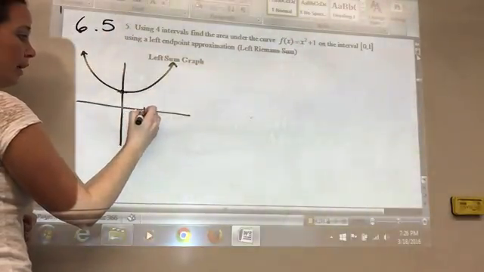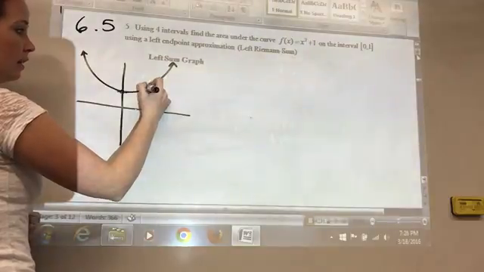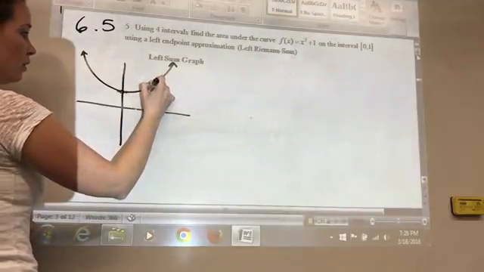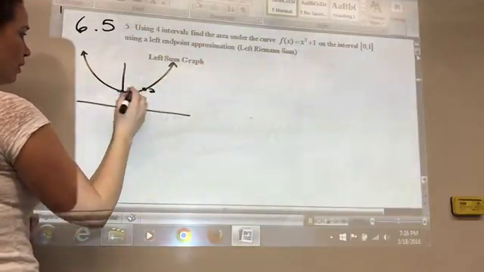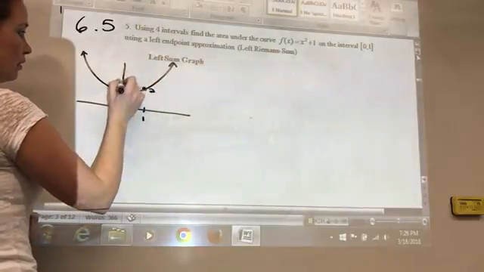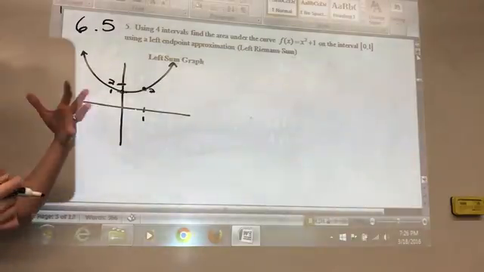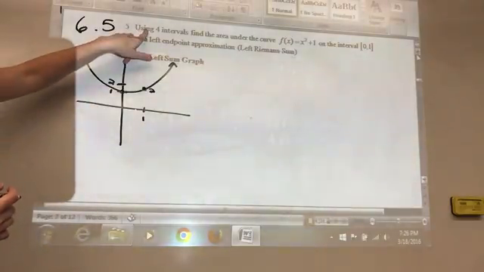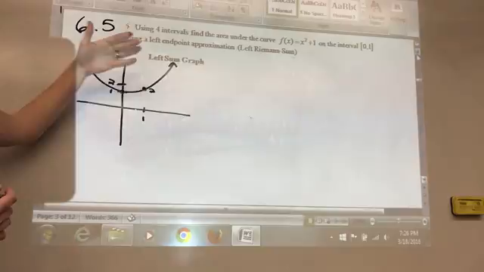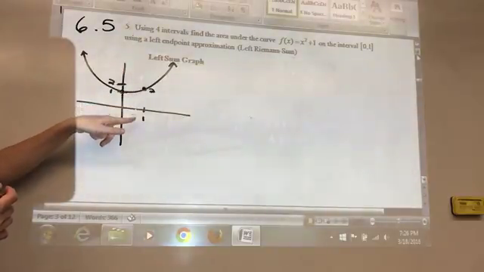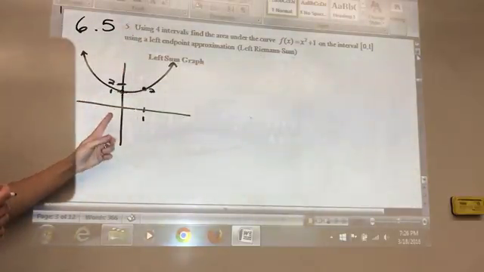So at 1, this height is sitting at 2. My picture's not very accurate here, but let's call that 2 for now, and that's 1. Okay, so at this point, like I said, I am going to zoom out. What they're saying here is we're going to find 4 intervals under this curve, on the interval of 0 to 1.